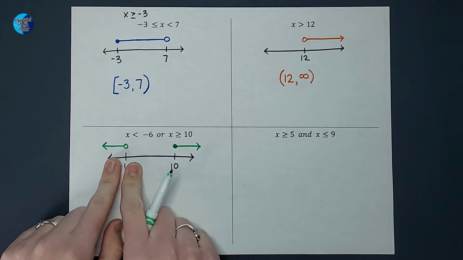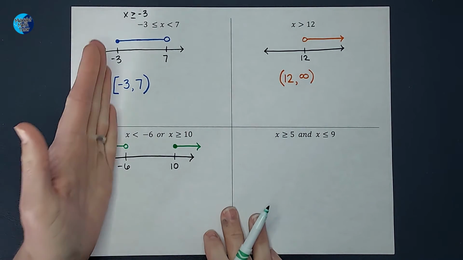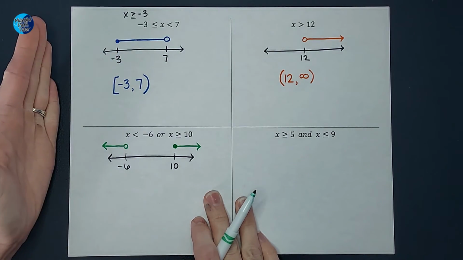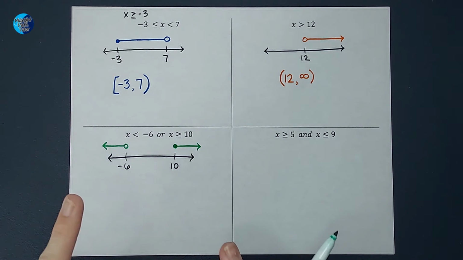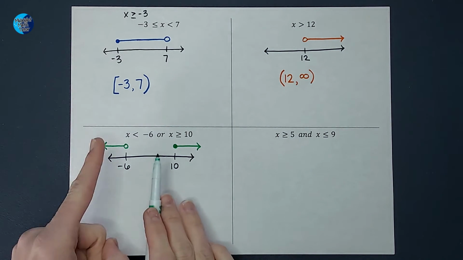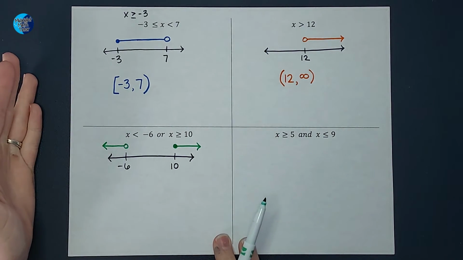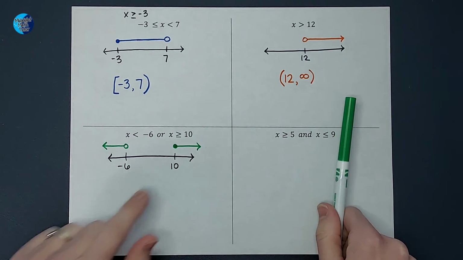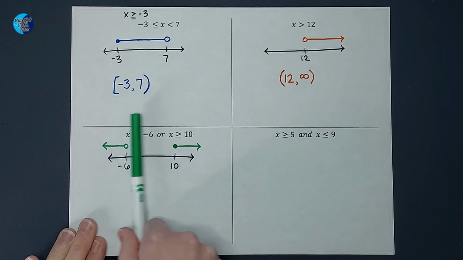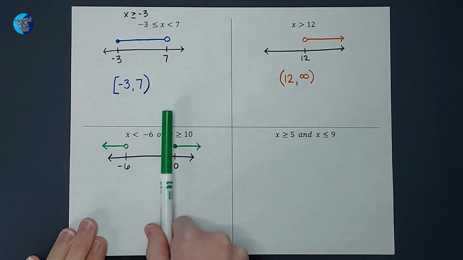When it's an or, that means x needs to either satisfy this inequality or this one. It doesn't have to satisfy both of them. So my x can be anything less than -6, or it can be anything greater than or equal to 10. The only thing x can't be is anything in between here.